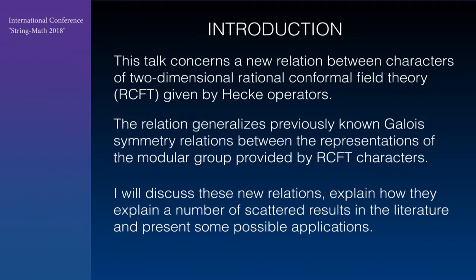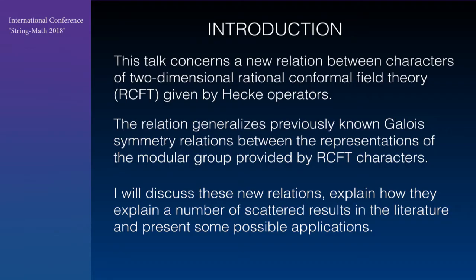Those are relationships between the representations of the modular group provided by characters of rational conformal field theories, and what we'll be doing is embedding that into a larger theory which relates not only the modular representation, but the actual characters themselves. So I'll discuss these new relations, explain how they tie together a number of scattered results in the literature, and then talk about some applications.